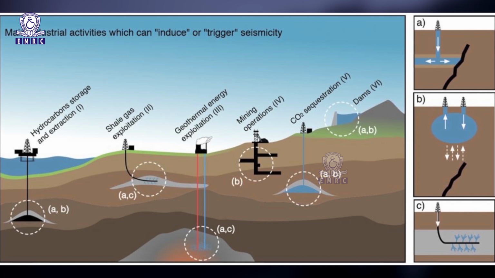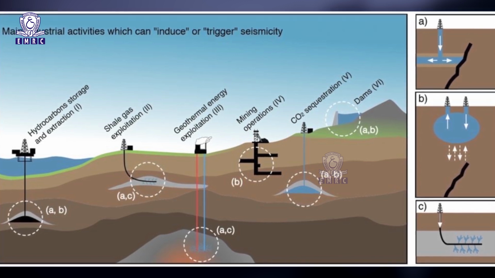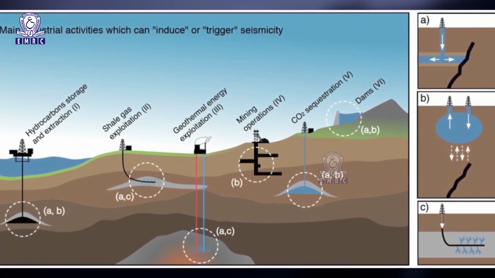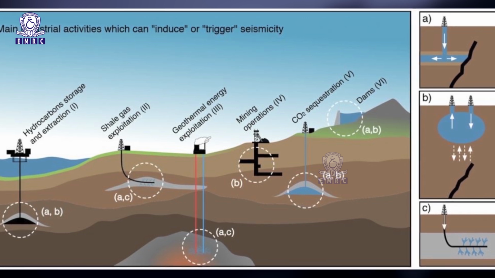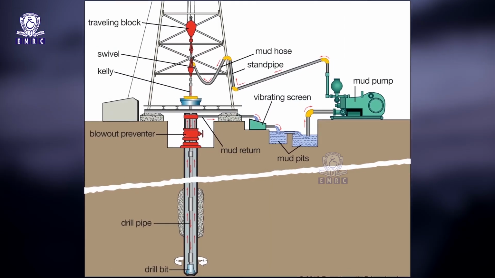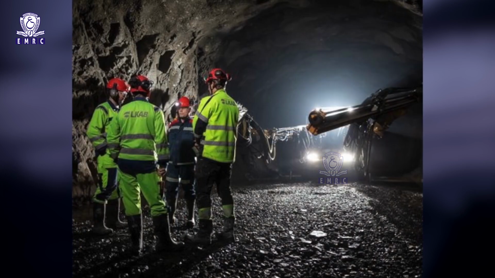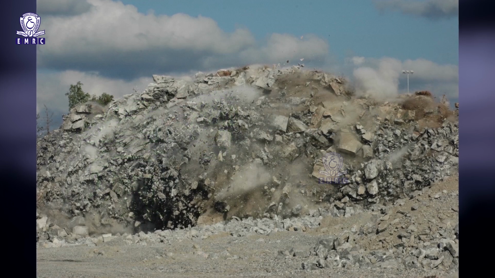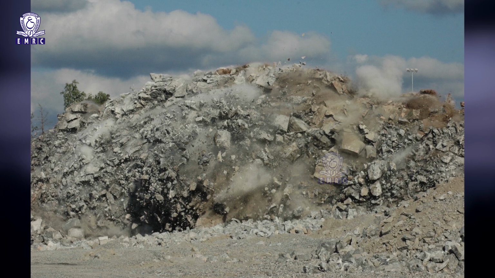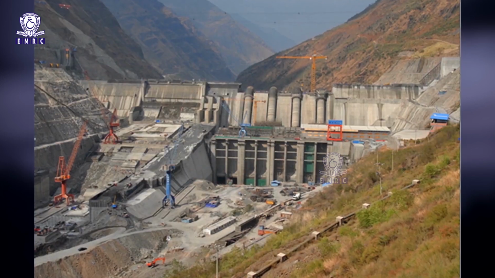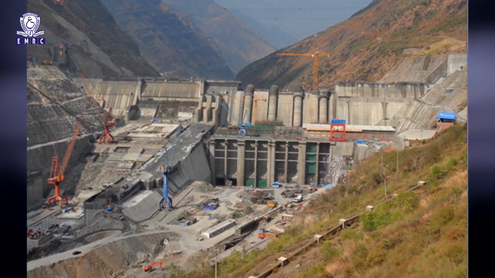Anthropogenic earthquakes are caused by human activities like large-scale pumping of underground water, mineral oil extraction, deep underground mining, blasting of rocks, nuclear explosion, and construction of dams and reservoirs. The earthquakes caused by the hydrostatic pressure of the reservoir are called reservoir-induced seismicity.